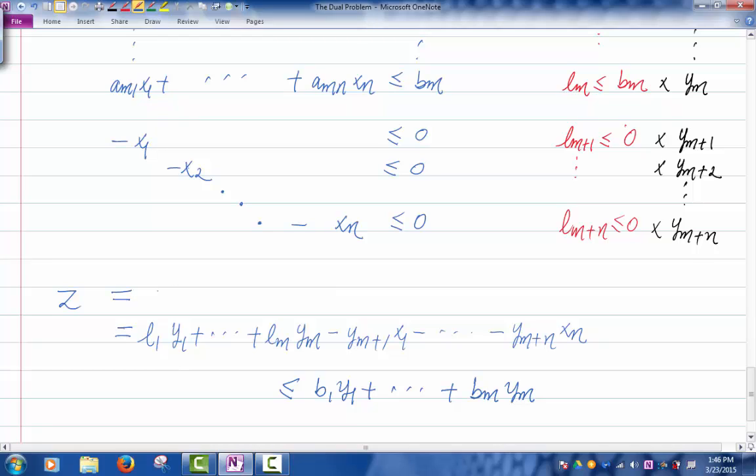So z, remember, was c1 x1 plus dot dot dot cn xn, right? And I want to get z on the left hand side when I do that. Is everybody okay with that? You guys are okay with that?